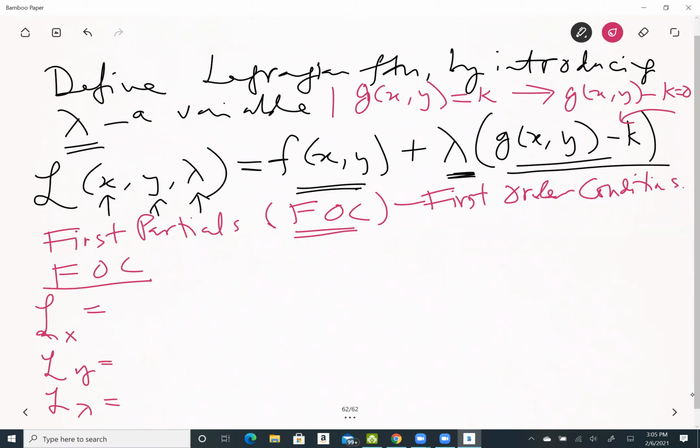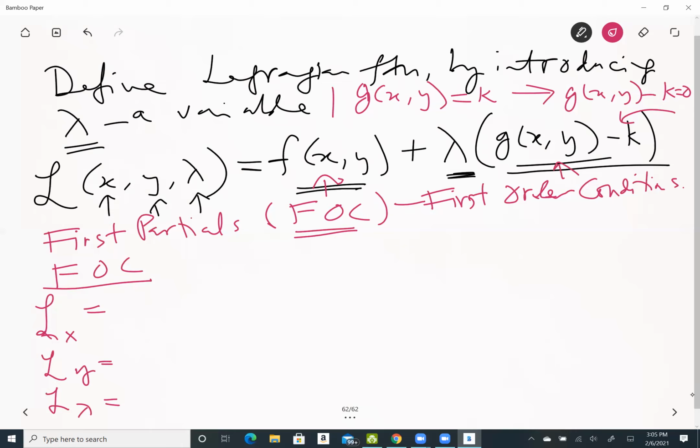Now, if I take the derivative of the L with respect to x, what do I get? Which terms have x as the independent variable? I get f of xy, and then the constraint here.